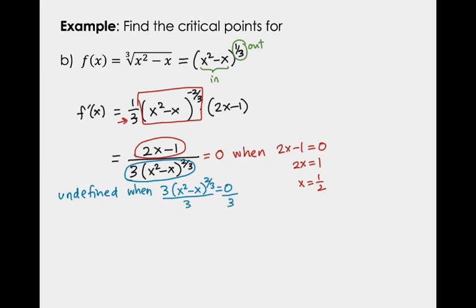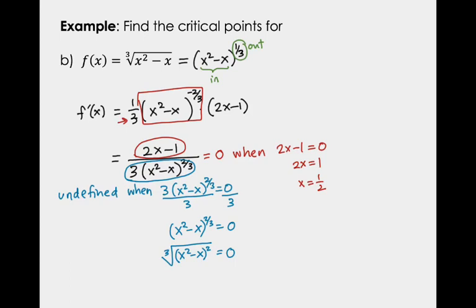That 3 is not going to contribute much of anything. And then I've got x squared minus x to the 2/3 equals 0. There's a couple of ways to solve this. I'm going to rewrite that as the cube root of x squared minus x, quantity squared.